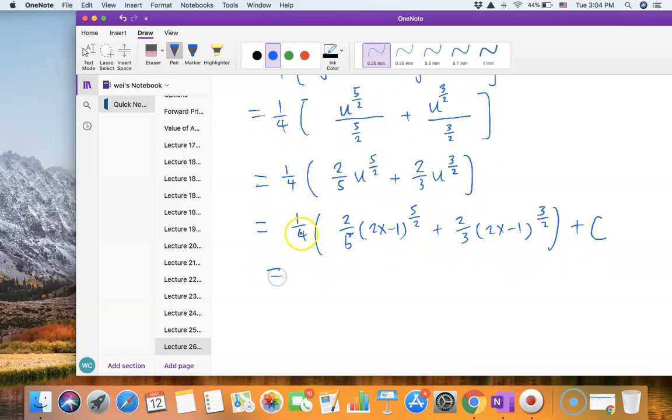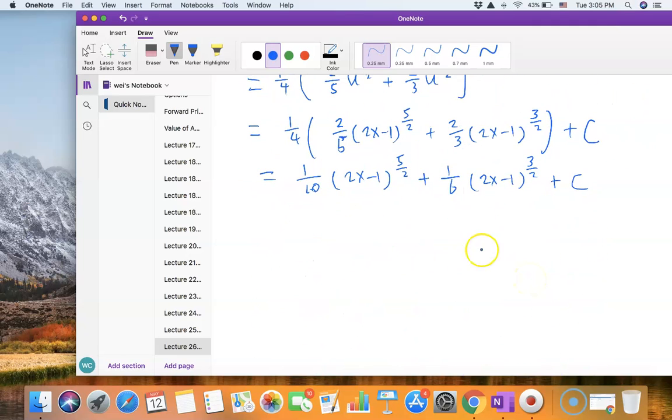And once we distribute 1/4, 1/4 times 2/5 is 1/10, and this is 1/6. Okay. So the answer is this.